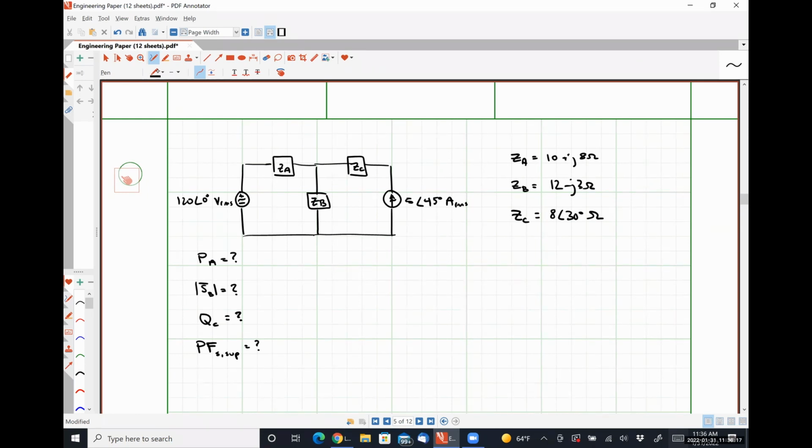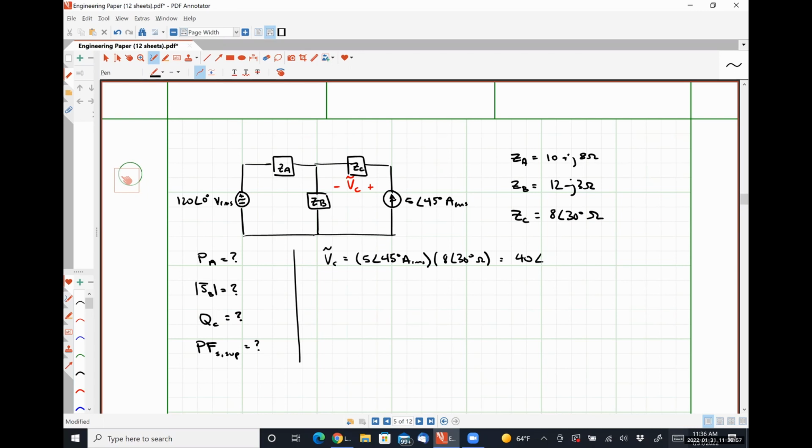So we could say VC, having this polarity, is 5 angle 45 degrees amps RMS times 8 angle 30 degrees ohms, which is nothing more than, let's see, 5 times 8 is 40, right?